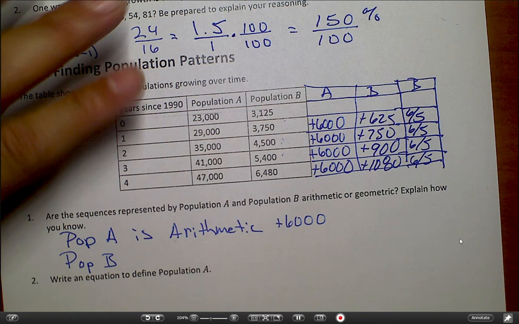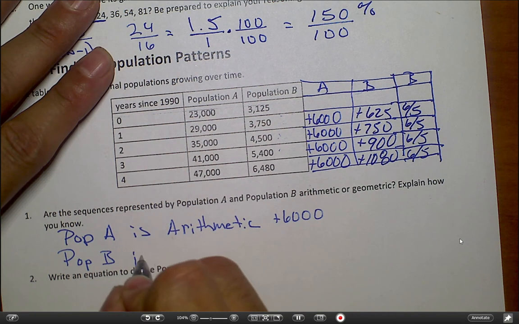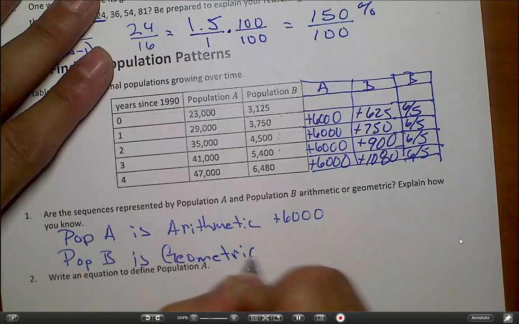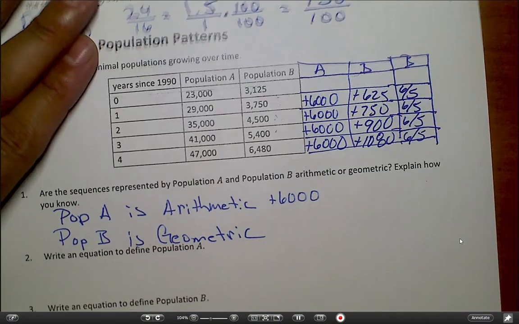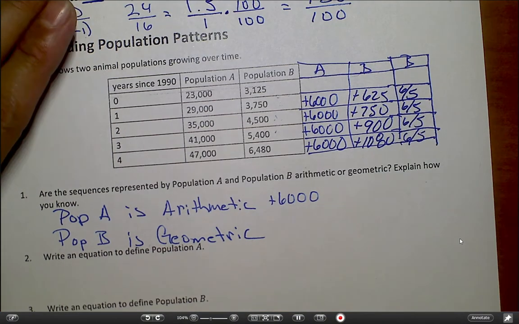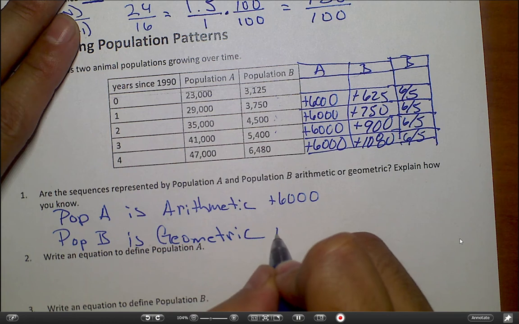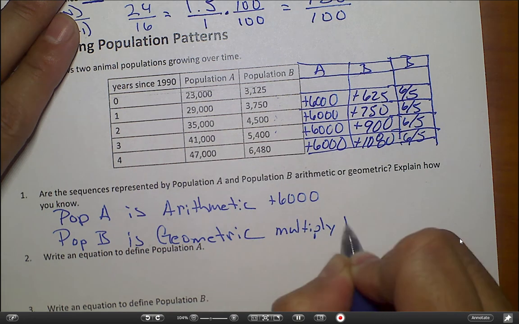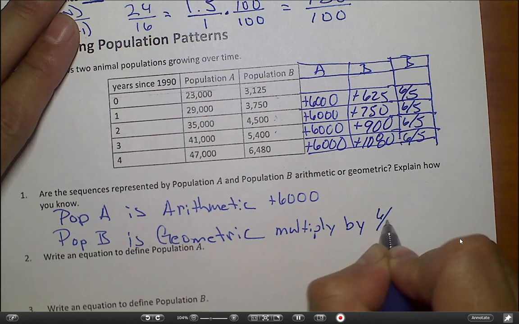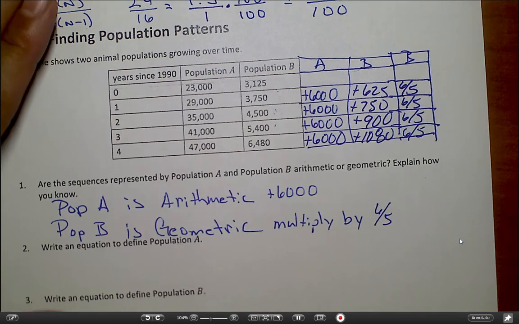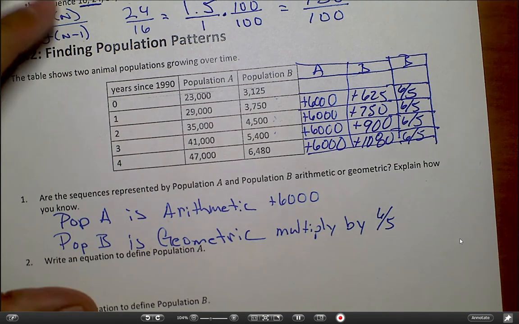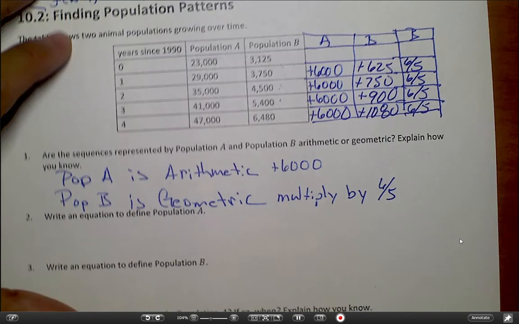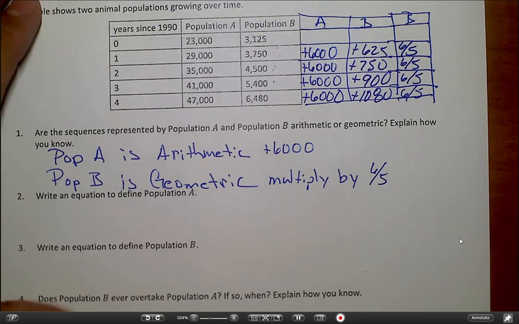Geometric. It is geometric, and we'd say what? Multiply by 6 over 5. Está muy fácil. See. All right, super easy.